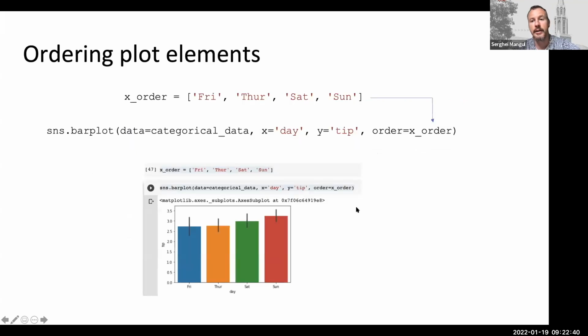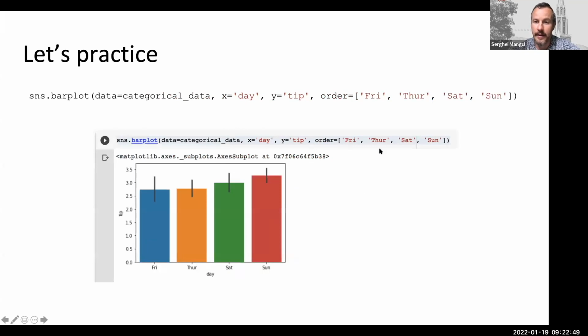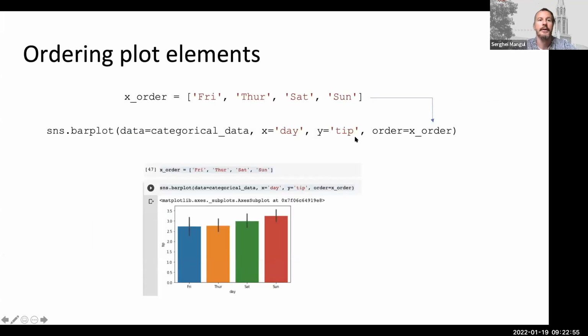Okay, so if you do it often, it's not that convenient to type this list all the time. Rather, it's better to define the variable externally, the list, and say, okay, I will define a variable called x_order equal to, and list this order, and that's it, you have a variable.